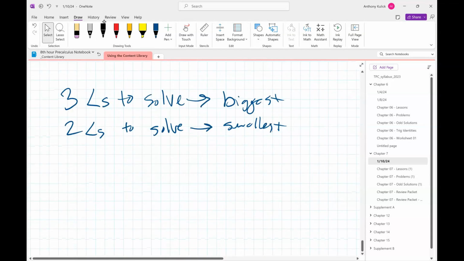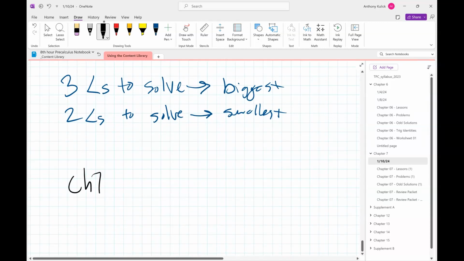At this point in chapter 7, you guys should be able to do numbers 1 through 4, and then numbers 15 to 22.